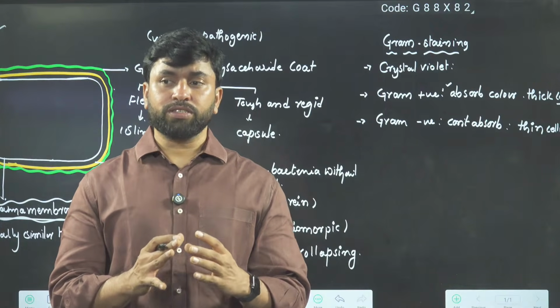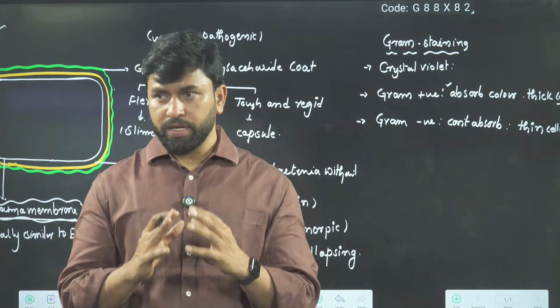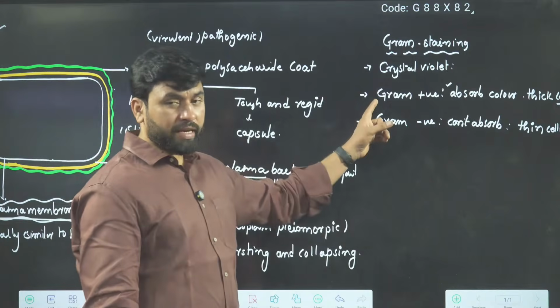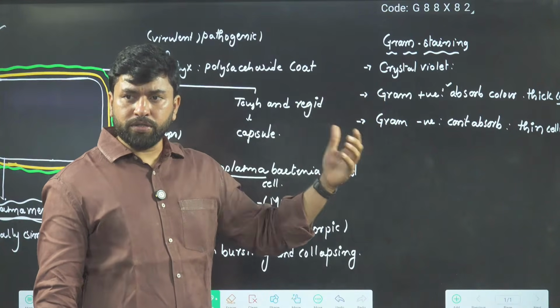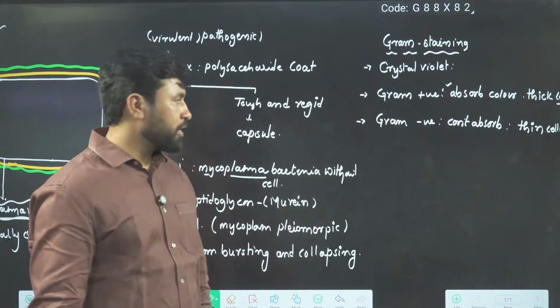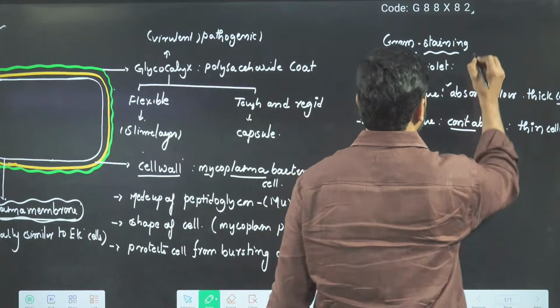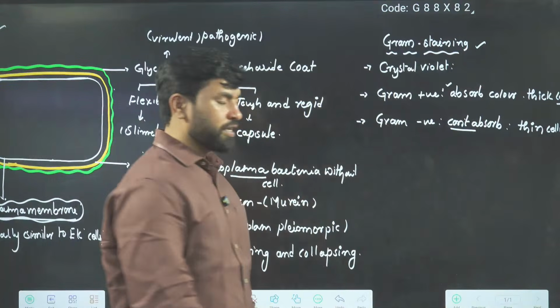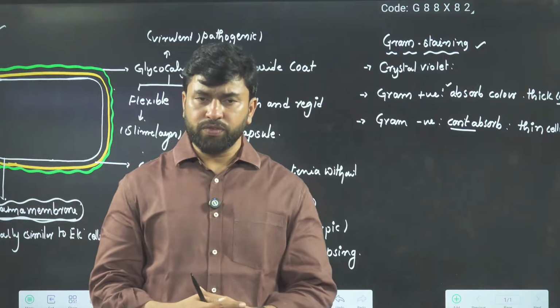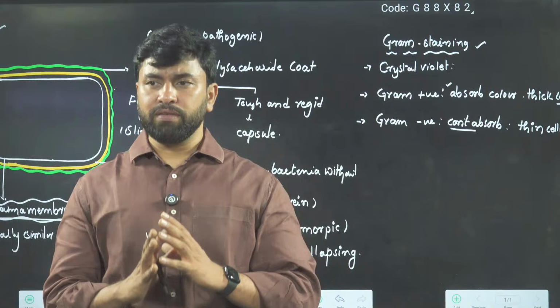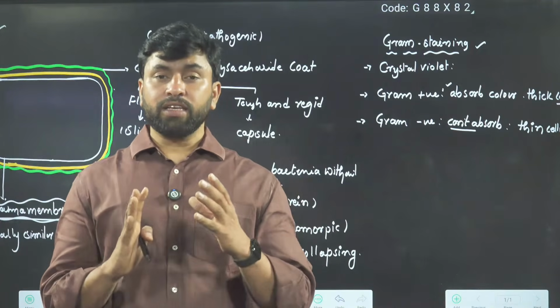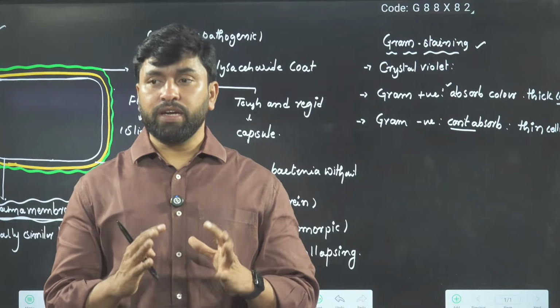The earlier one is called gram positive. Altogether, thick cell wall containing bacteria can retain the color, called gram positive. Thin cell wall containing ones cannot retain the color. This is the gram staining procedure. I did not explain the procedure of gram staining completely, but this much information is fine to understand the information that they have given in our NCERT book.